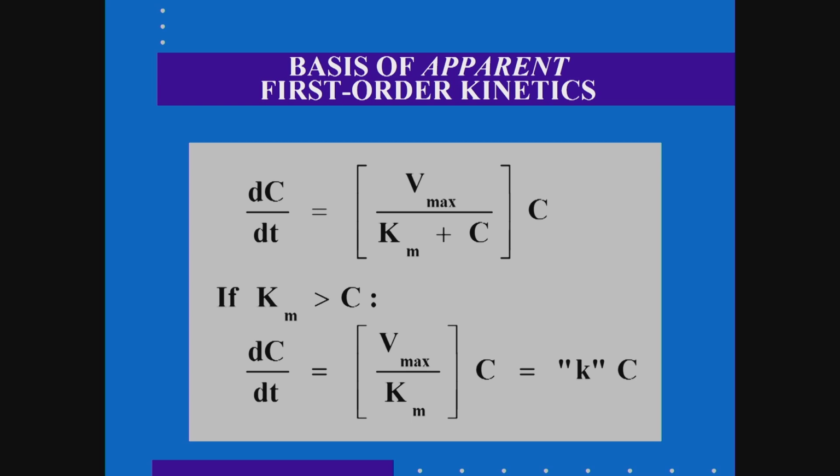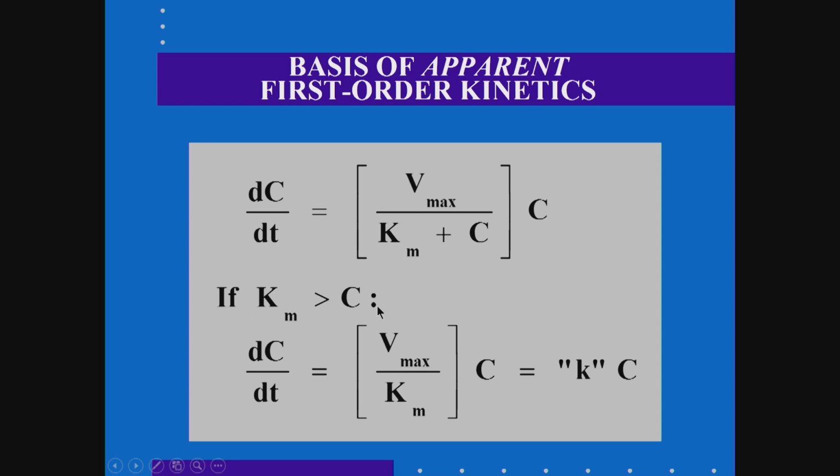So we have apparent first-order kinetics of elimination, and what we can see here is that this occurs in situations where the Km, the Michaelis-Menten constant for that particular drug and that enzyme, is much greater than the plasma concentrations that we will need or observe in a therapeutic context in the clinic.